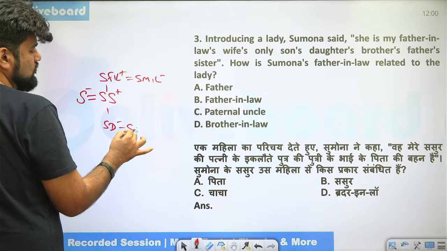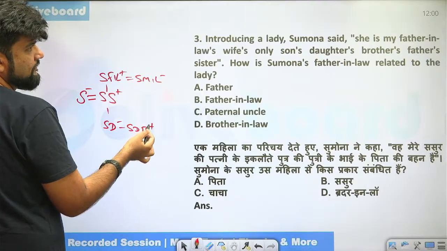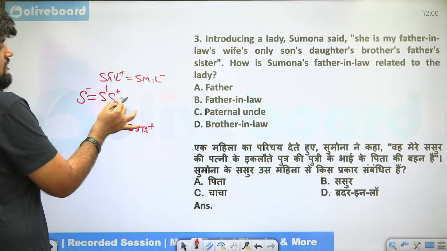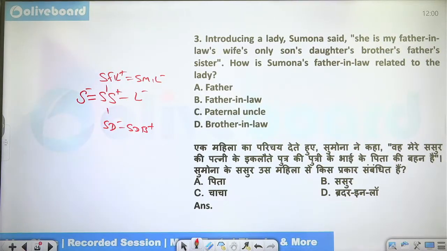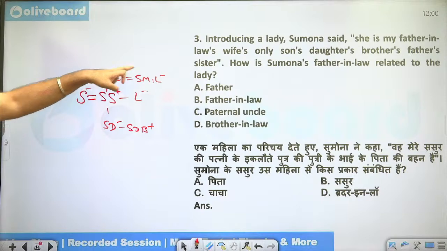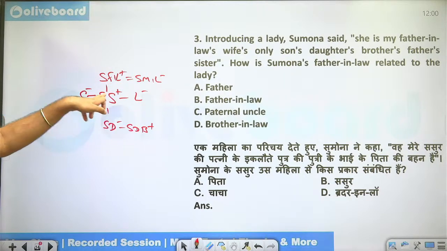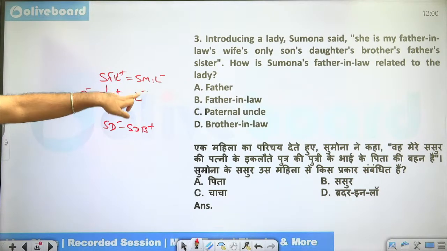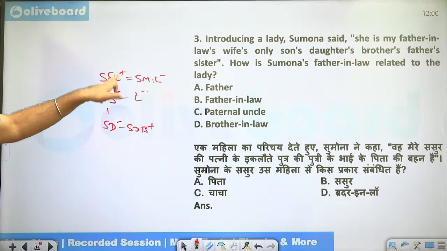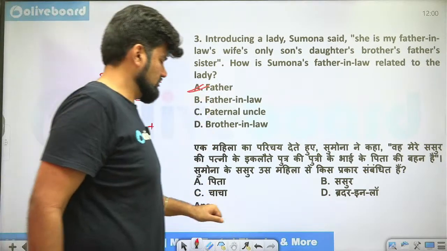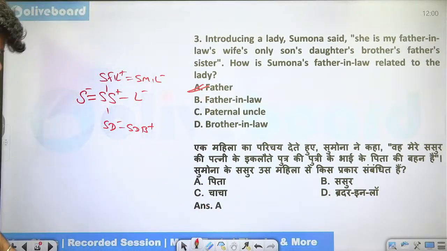Brother, this is Shumona's daughter's brother, or Shumona's son. Father's, again this person's sister. This is the lady. See how confusing they made it? Shumona is saying this lady is my father-in-law's wife's only son's daughter's brother's father's sister. How is Shumona's father-in-law related to the lady? He is the father. Okay.